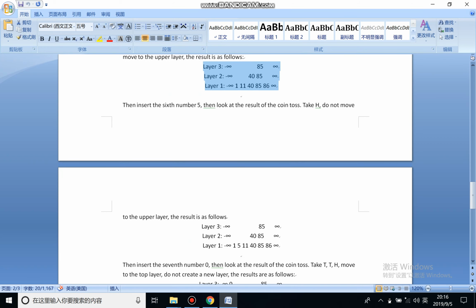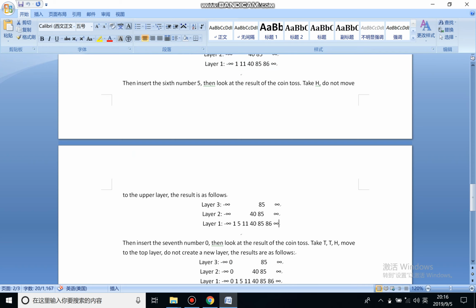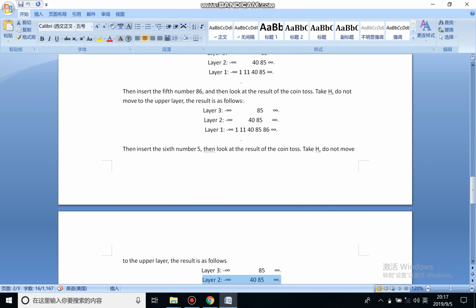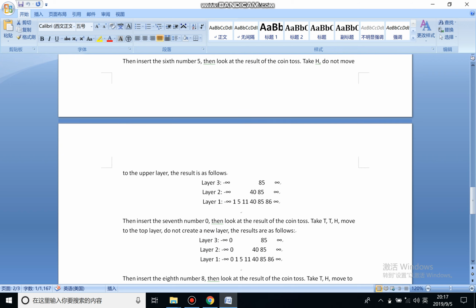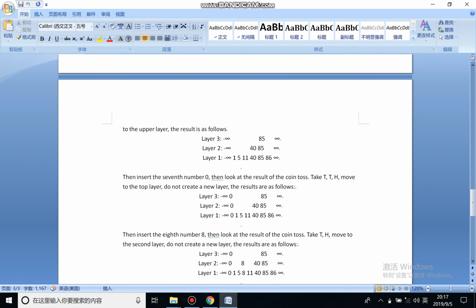And let's insert the number 5. Number 5 is first inserted in the bottom and look at the coin flips, and it's H, so just let it stay here. And the final is the 0. No, not the final.